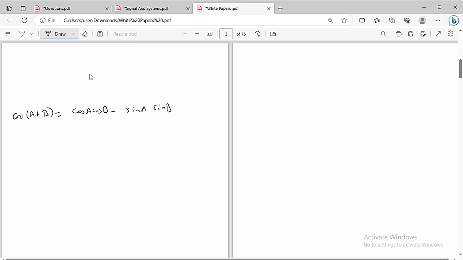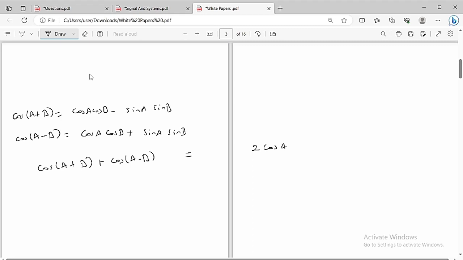Similarly, cos of a minus b is equal to cos a into cos b plus sin a into sin b. If we add these two, we get cos of a plus b plus cos of a minus b, which is 2 cos a cos b. But I want only cos a into cos b.